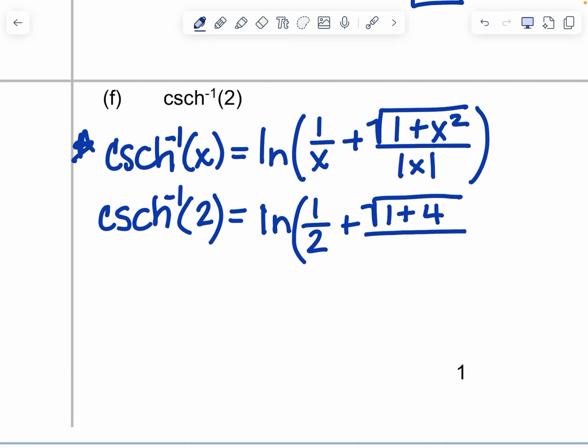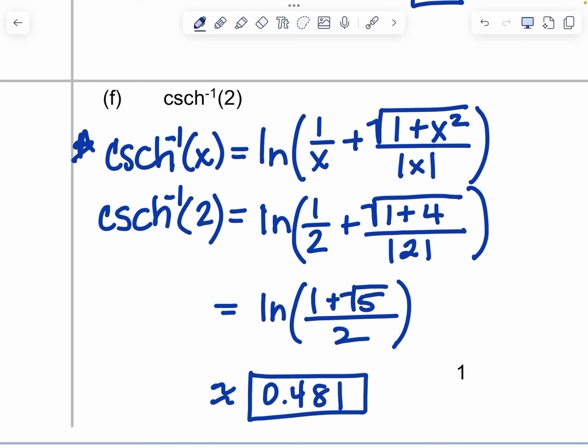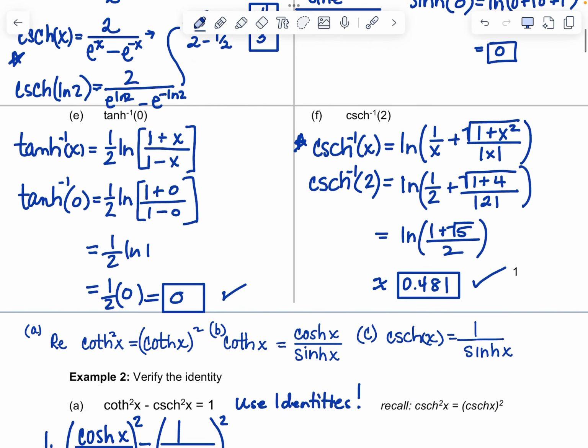I'm going to put the 4 in there, and this is over the absolute value of 2, which you don't need the absolute value there. So this is equal to ln of (1 plus square root of 5) over 2, same denominator of 2, which is approximately 0.481. So that's just calculating with these weird functions. All right, there we go.